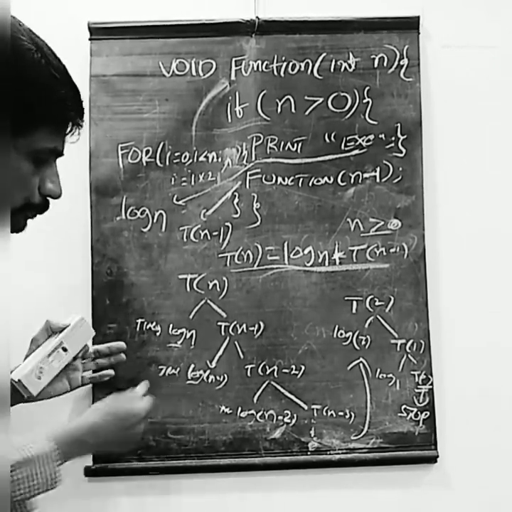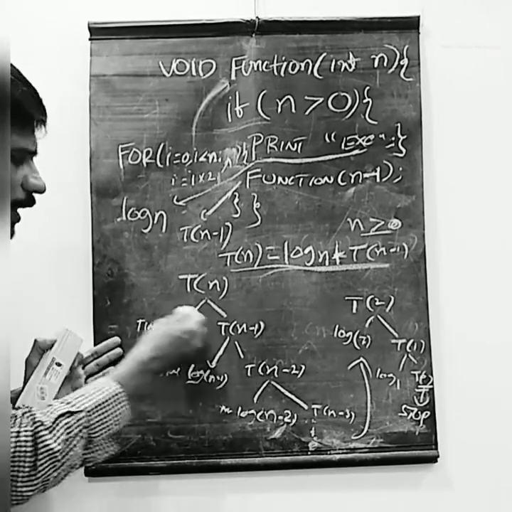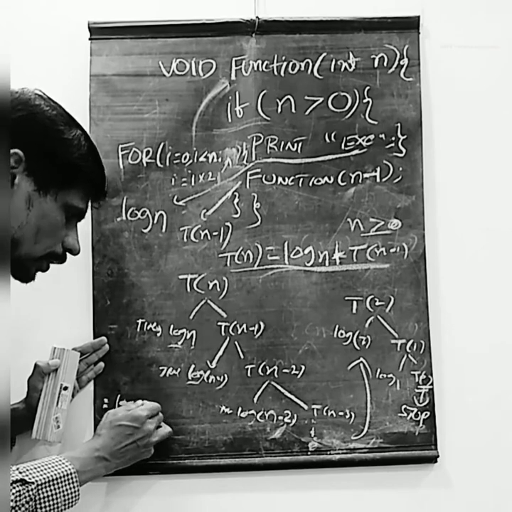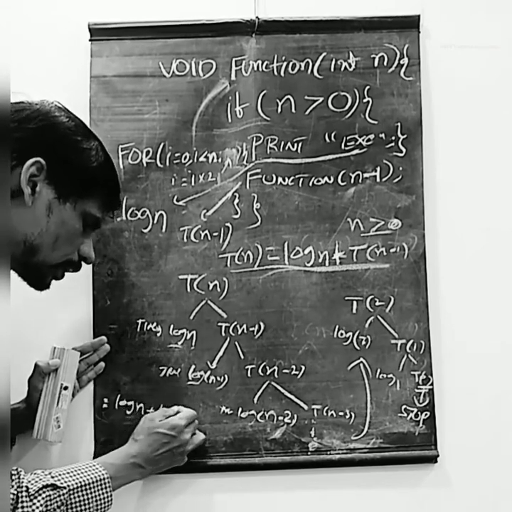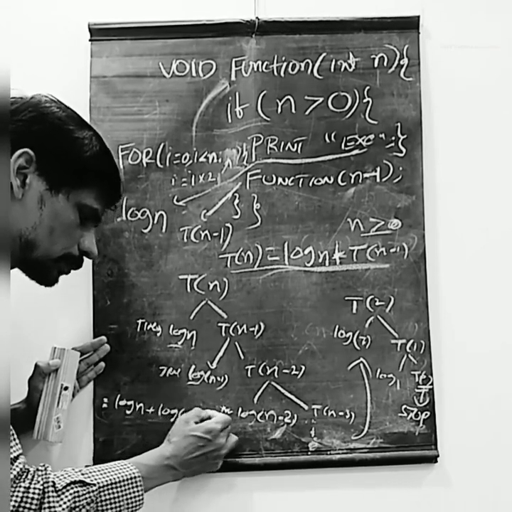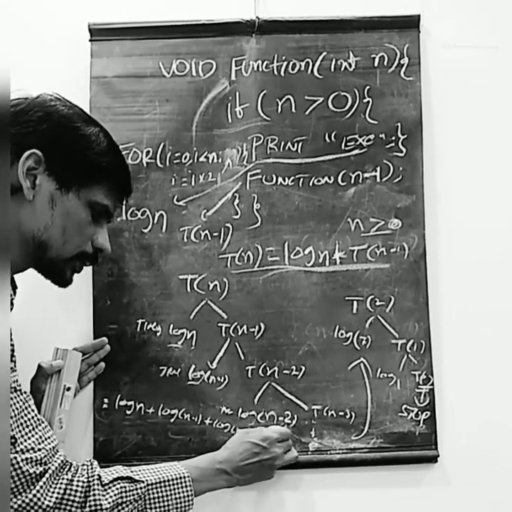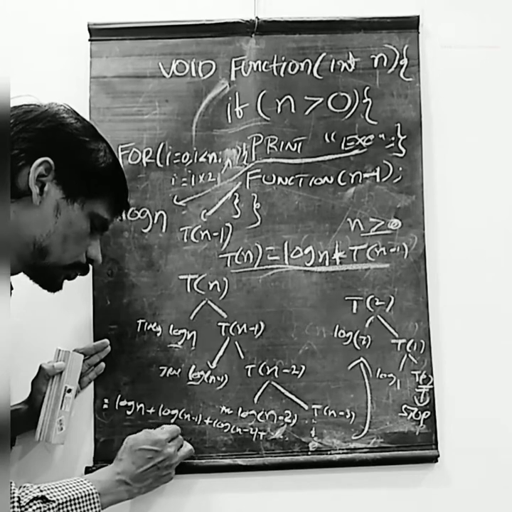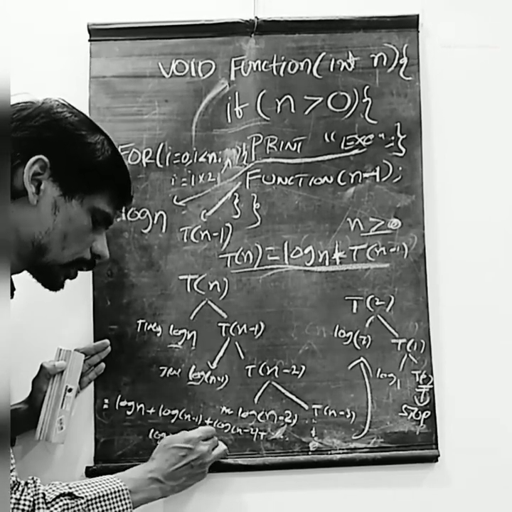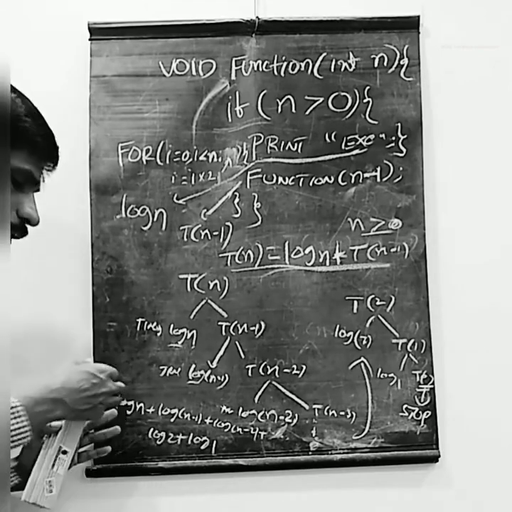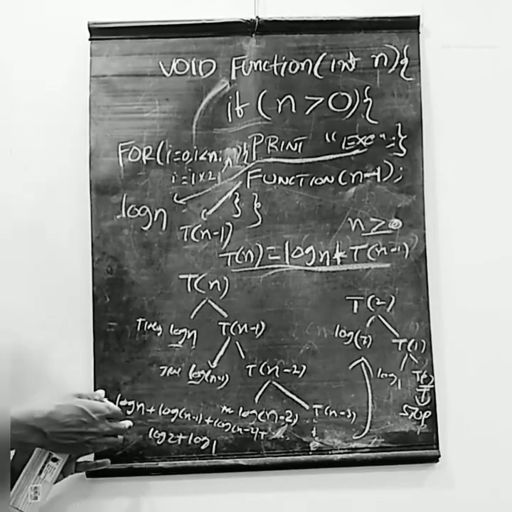So now we can apply the same thing as previously: log n plus log n minus 1 plus log n minus 2 plus so on, log 2 plus log 1, right?